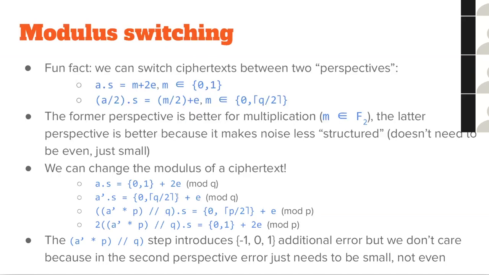But if you instead had, say, 55,000, then 55,000 times P over Q is going to be 5,500, and so modulo 1,000 is going to be 500. And the error that gets introduced by the floor division not being perfect is still a small error, so it just mixes together with the small error that already exists.